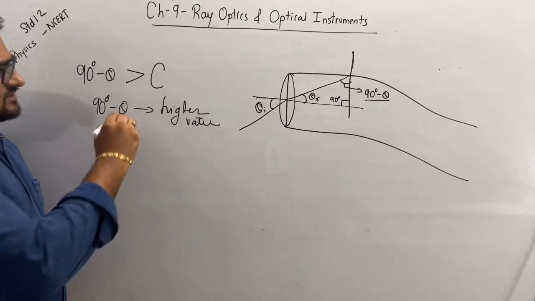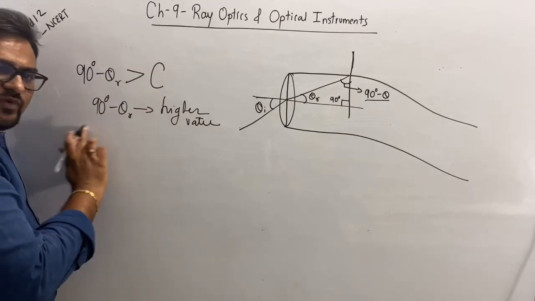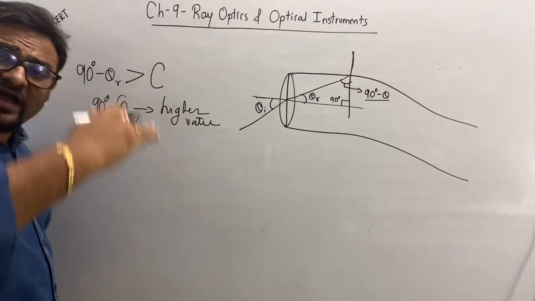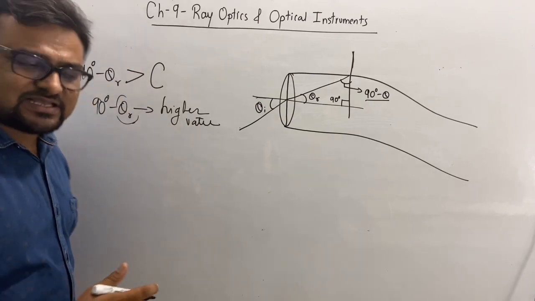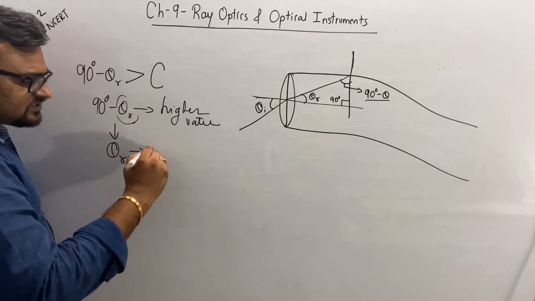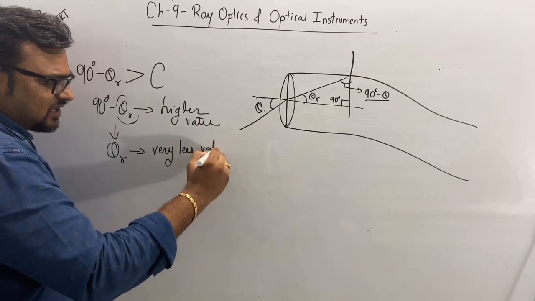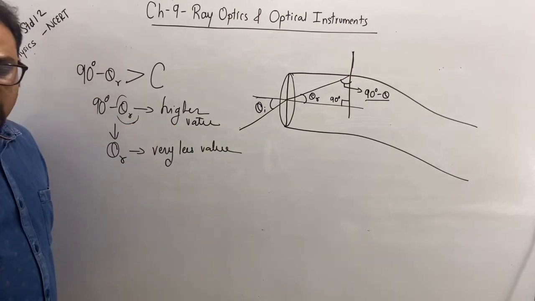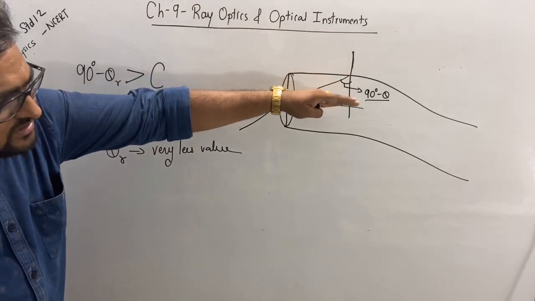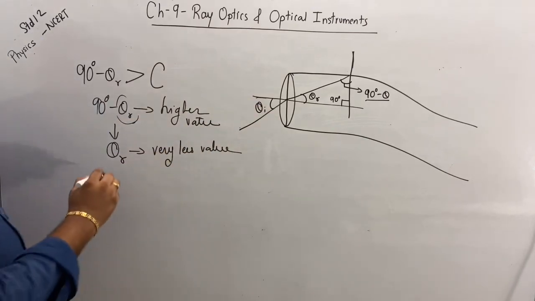Now, if we want this as a higher value, we must take this theta r very less. So theta r must have very less value. Angle of refraction, if we want it to be smaller, the angle of incidence must also be smaller.